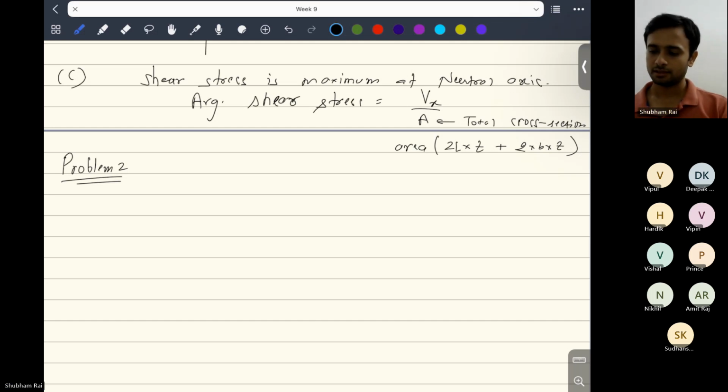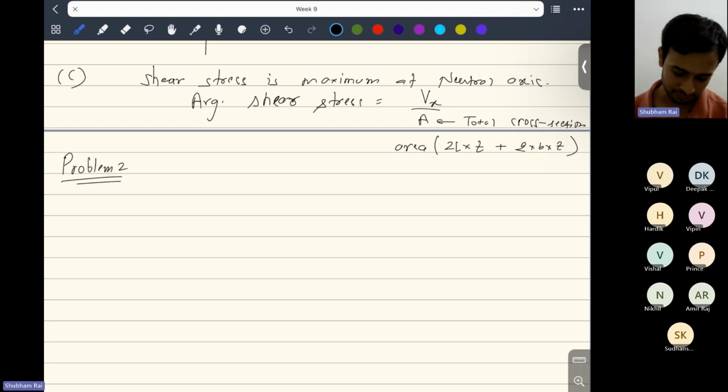And we are dealing with thin beams. Transverse shear strain in thin beams will be negligible, but in thick beams it will be there.